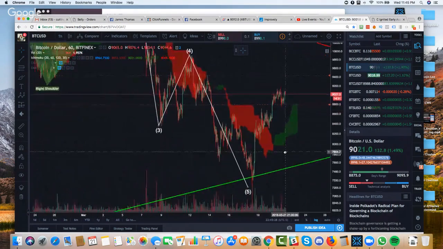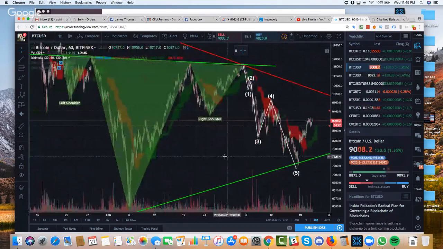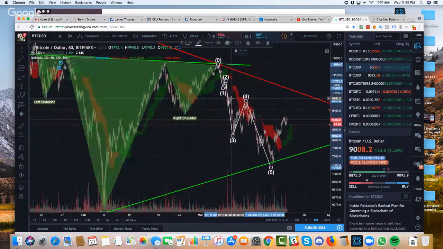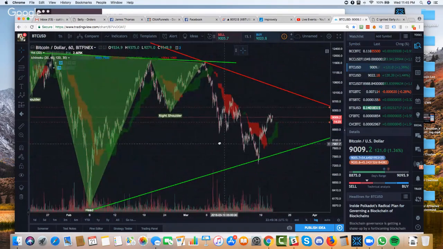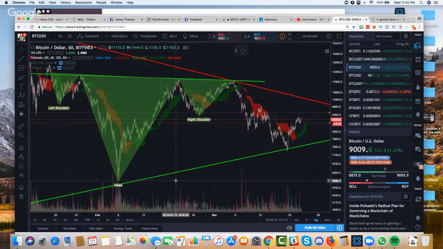One of the things I saw: we just looked at the bigger inverse head and shoulders right here. And by the way, that inverse head and shoulders could still be validated, since the price technically didn't come down past the head. This pattern could still be valid, right?